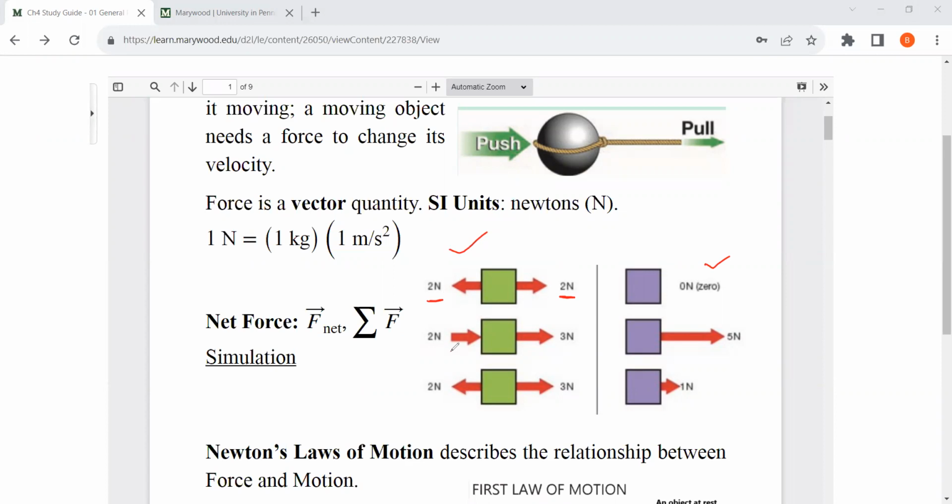When two forces are acting in the same direction, you have to add them to get the net force. When they're in different directions, you have to subtract them. And here, because we have negative 2 Newton and positive 3 Newton, the net force is positive 1 Newton. So the direction is to the positive x-axis. So that's how net force works.